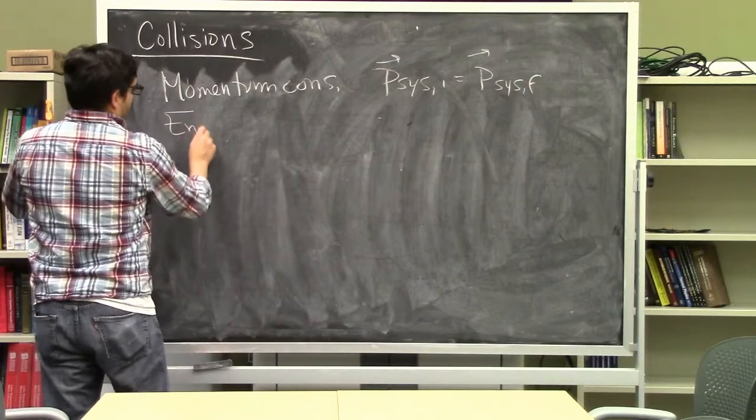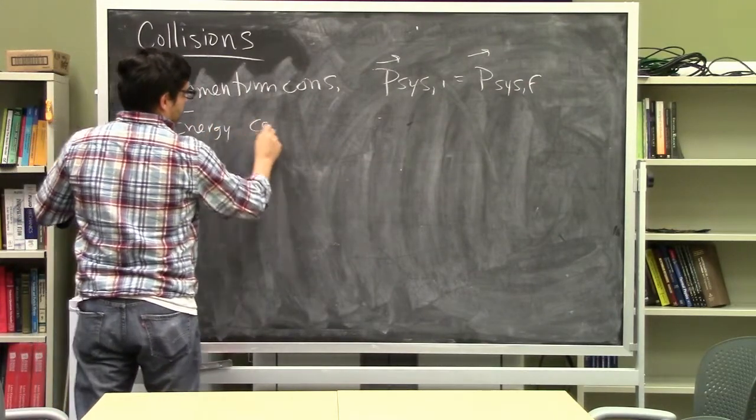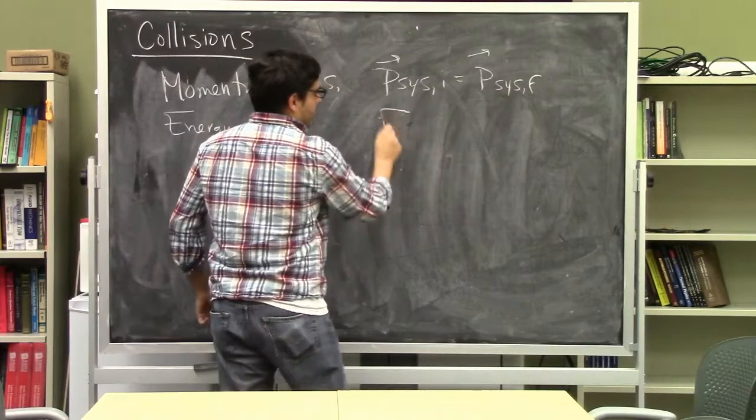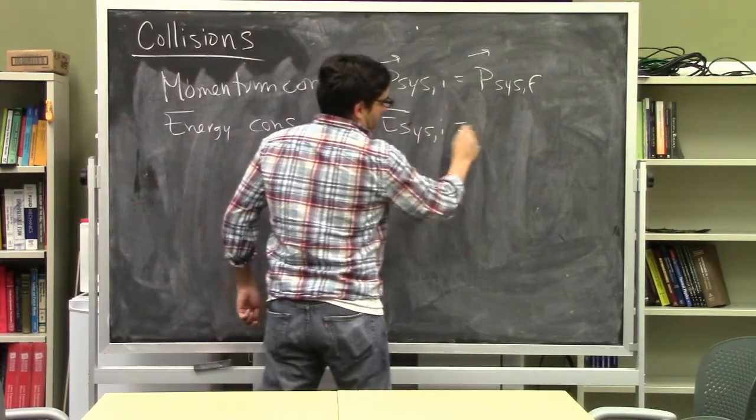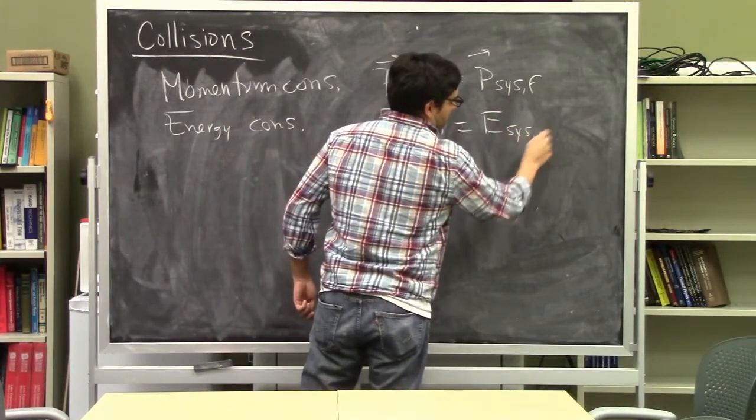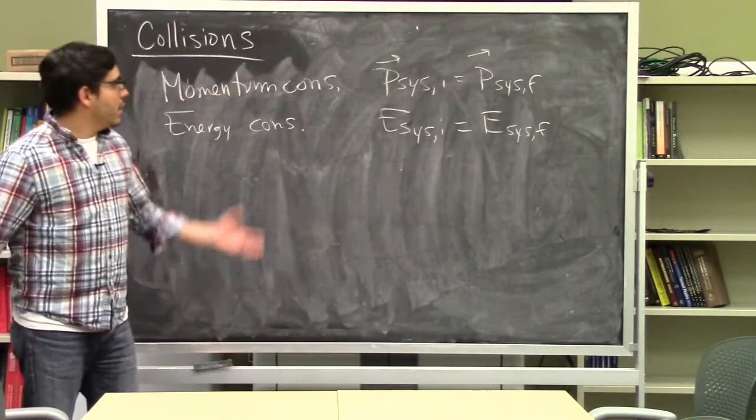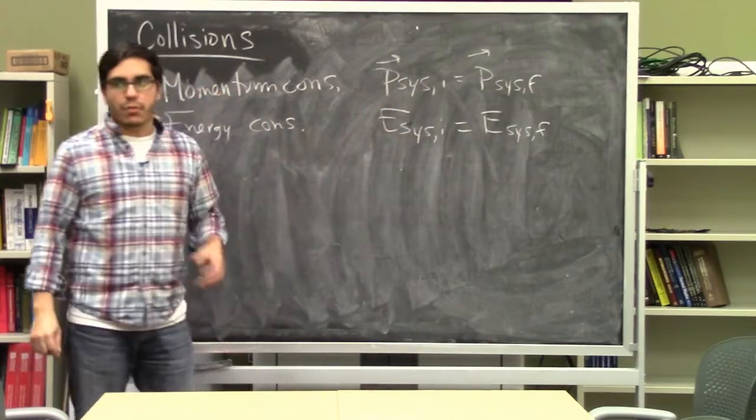And similarly, we have energy conservation, which is that the energy of the system before and the energy of the system after the collision are the same. These are our two governing ideas for collisions.